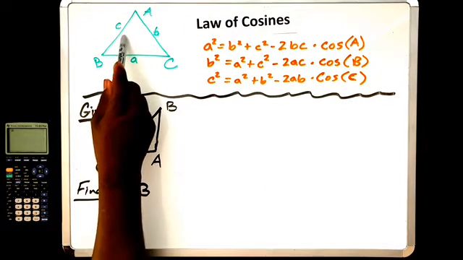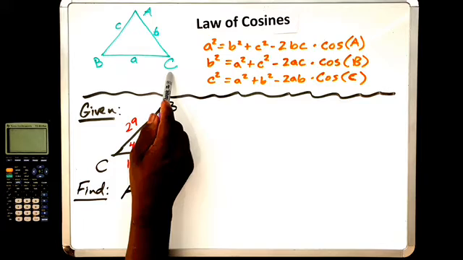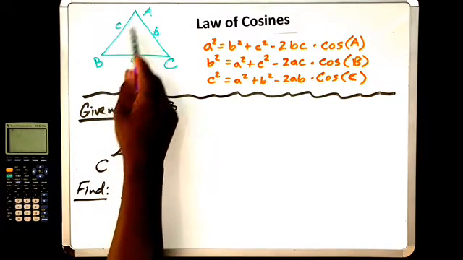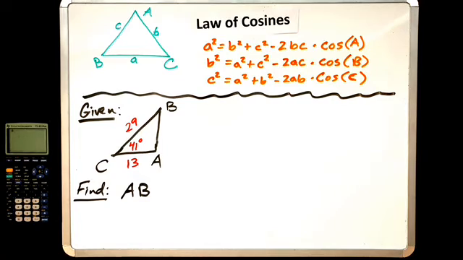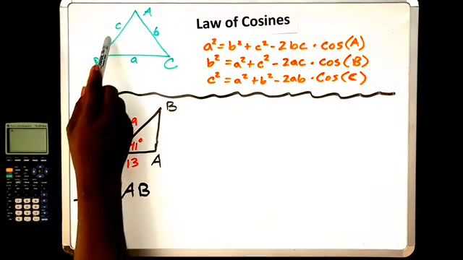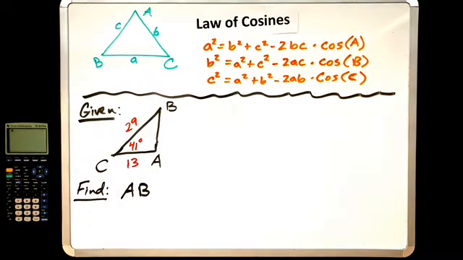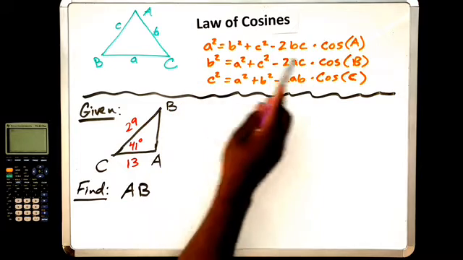And this side length, lowercase c, is opposite angle C. Lowercase c is equal to side length AB. So when this problem says find the length of AB, they're also asking you to find the length of lowercase c.